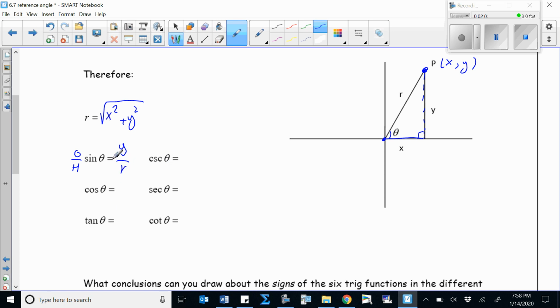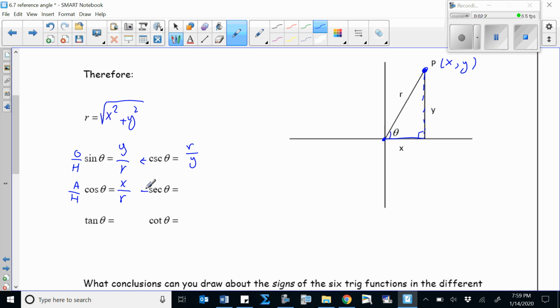Cosecant is the reciprocal of sine, so that will be r over y. Just flip y over r. Cosine is adjacent over hypotenuse. So to find that, take the adjacent side, which is x, and divide that by r, which is the hypotenuse.